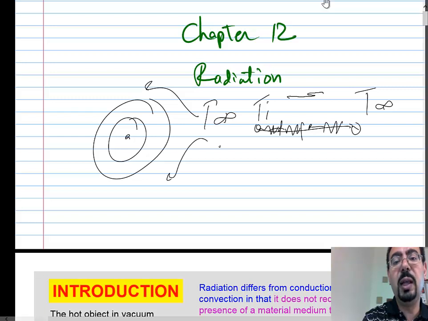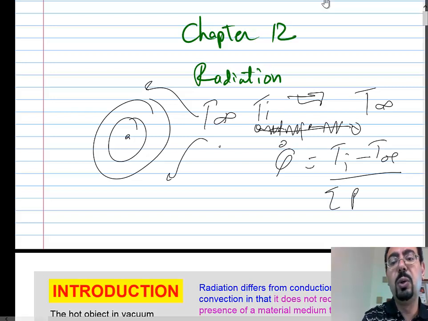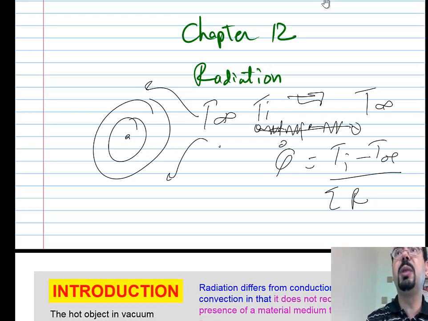And then eventually that Q would be T_i minus T_infinity over all those R convection plus R conduction plus R convection, and if there is insulation we plug it in.